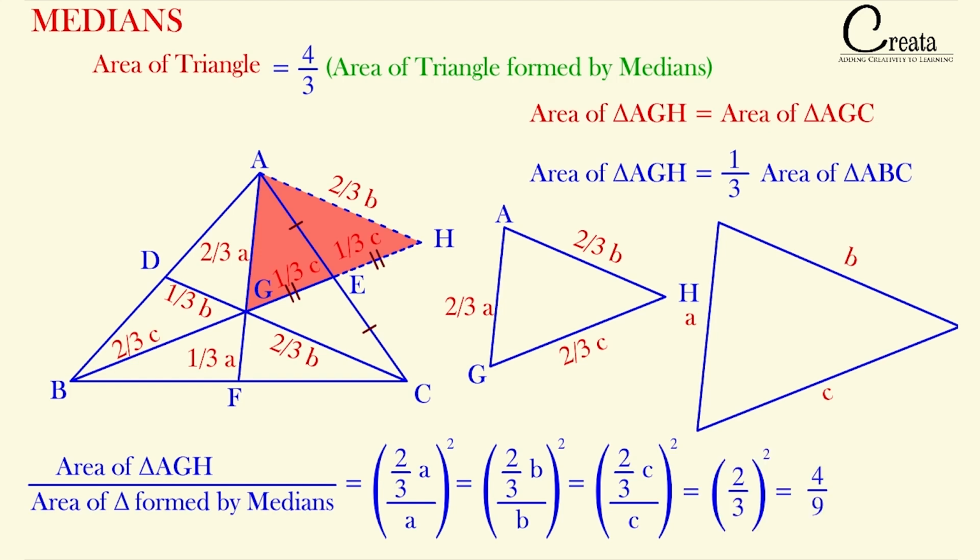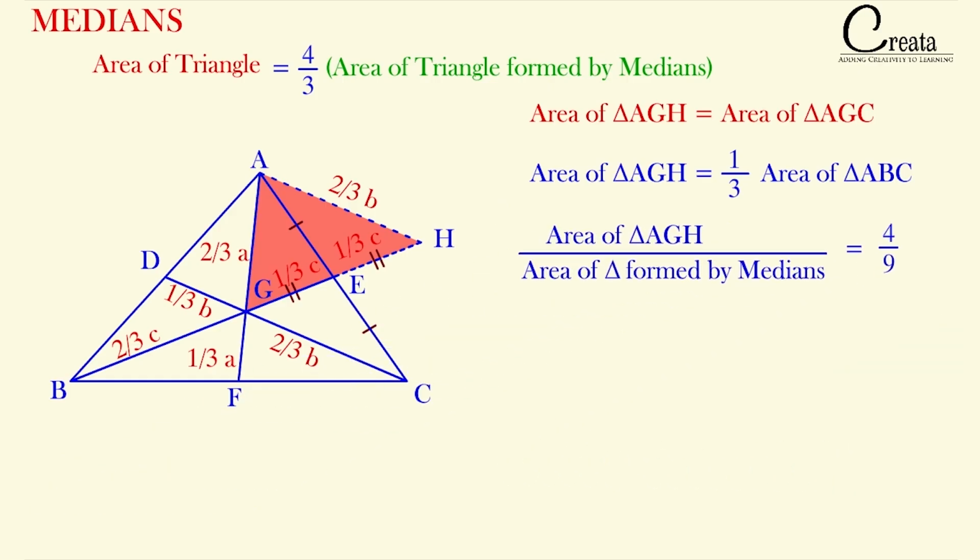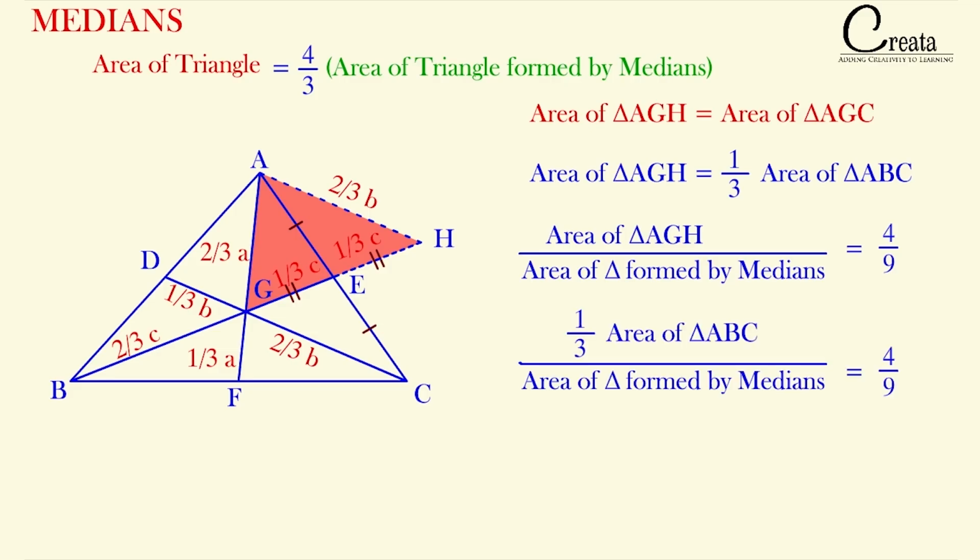That is 4 by 9. And just now we have proved area of triangle AGH is equal to 1 by 3 times area of triangle ABC. Let's replace so. On solving, we got area of triangle ABC is equal to 4 by 3 times area of triangle formed by the medians. This is the proof of the concept.